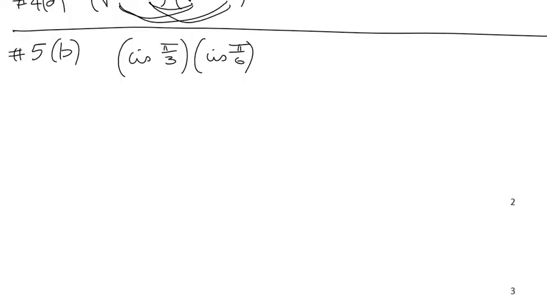Okay, if we take a look at problem number 5, let's do B. We have to multiply cis pi over 3 times cis pi over 6. All right, so this is using one of the parts of de Moivre's formula, or de Moivre's theorem.